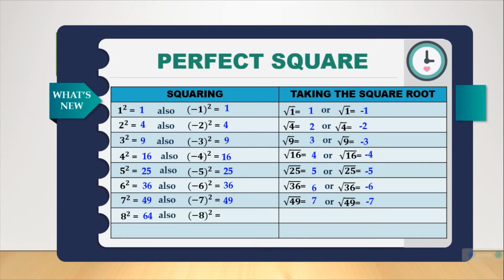Also, negative 8 squared is also 64. The square root of 64 is positive 8 or the square root of 64 is negative 8. 9 squared is equal to 81. Also, negative 9 squared is also 81. The square root of 81 is equal to 9 or the square root of 81 is equal to negative 9.